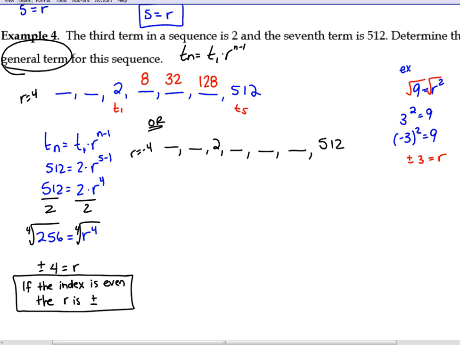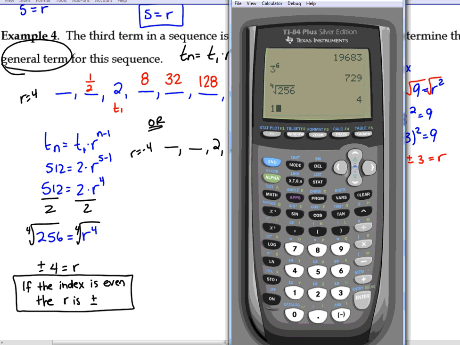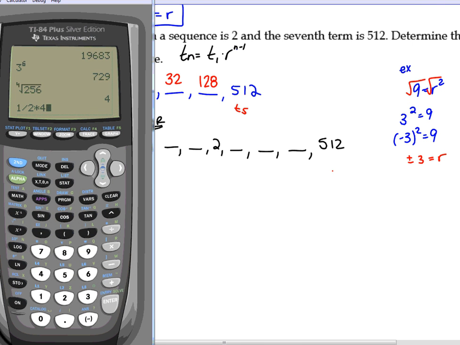Yeah. 32. Okay, the other way, divide by 4. What's 2 divided by 4? 1/2. What's 1/2 divided by 4? 1/8. Good. If you want to check it on the calculator, I'd have to put this in brackets, divided by 4, and then math, enter, enter.